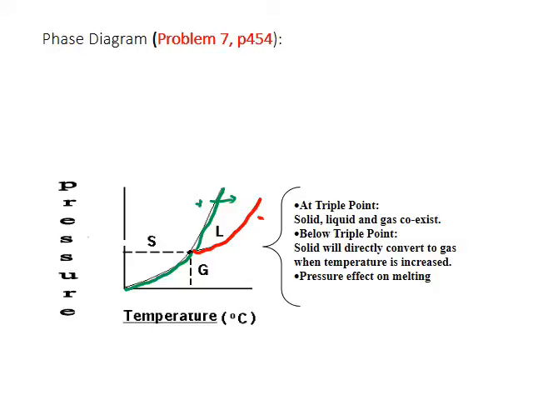Only between this green line and this red curve do you have liquid. On the left of that line, you have solid, as well as this green curve, you get solid. And on the right side of both the red curve as well as the solid bottom curve, you have gas.